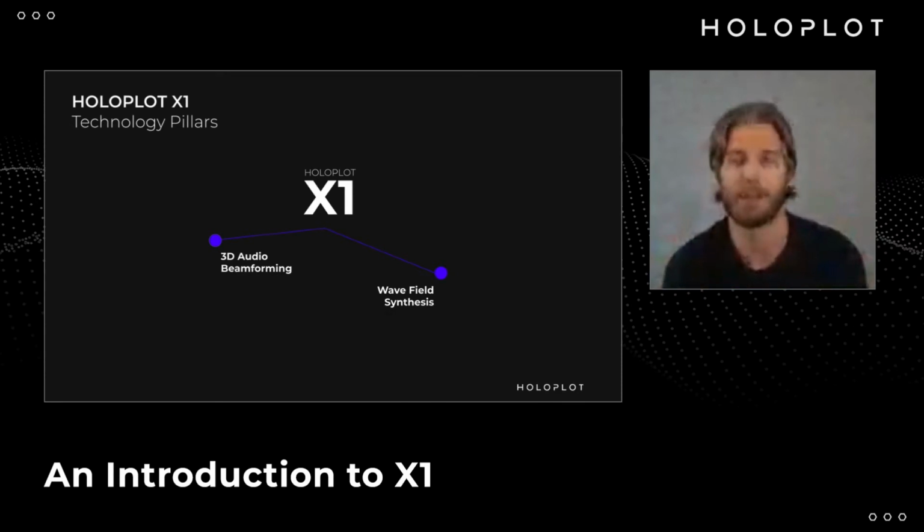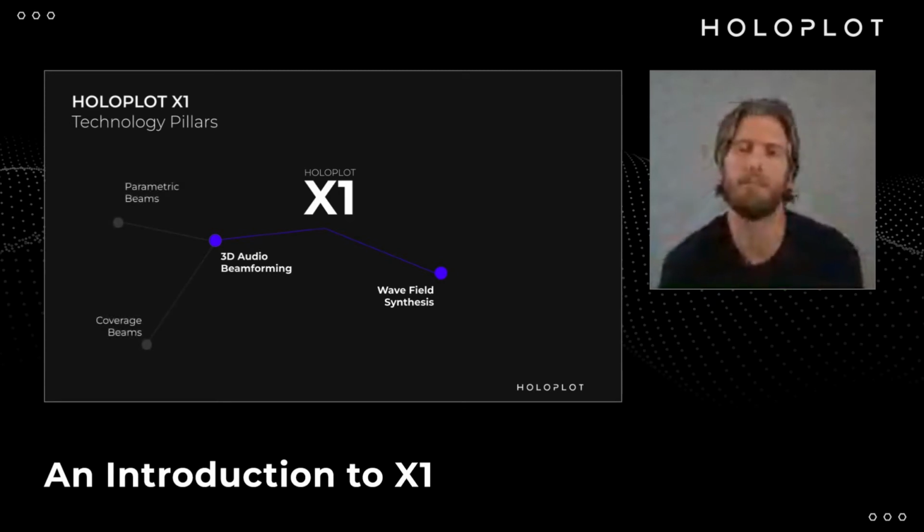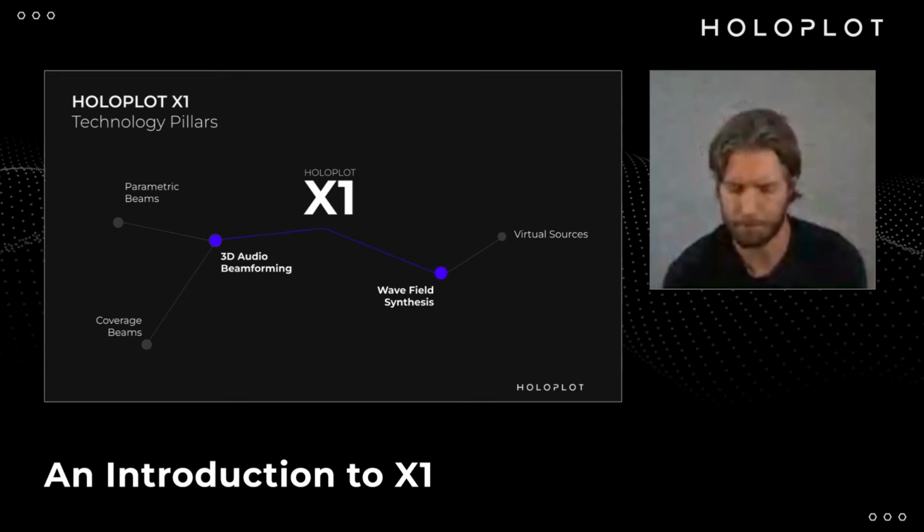We'll talk about that a little bit later and what that entails. Within the 3D audio beamforming, we have parametric beams and we have coverage beams. Again, we'll cover that in just a second. And then we have what we call virtual sources as part of the Wavefield synthesis functionality, and we'll look at that in some detail in a minute.